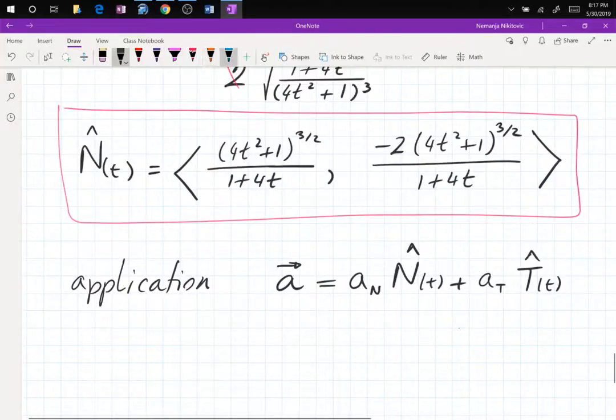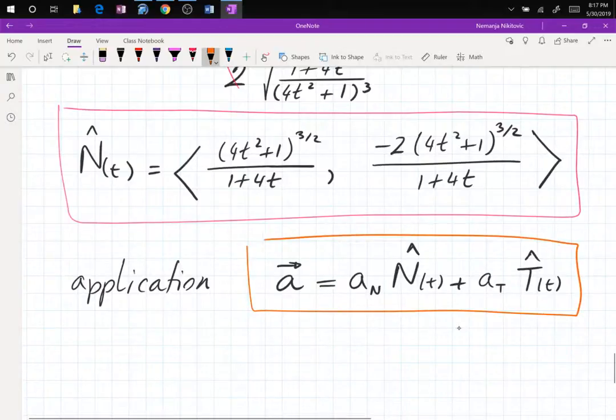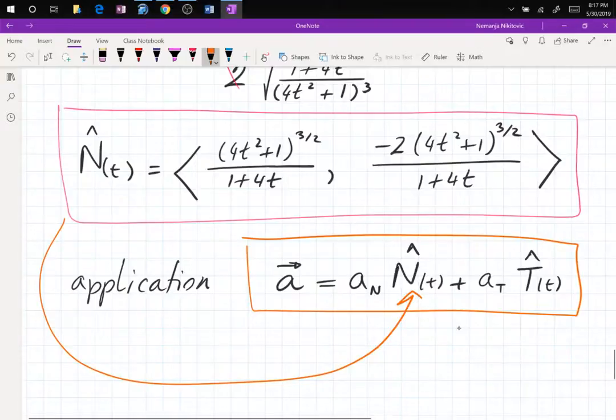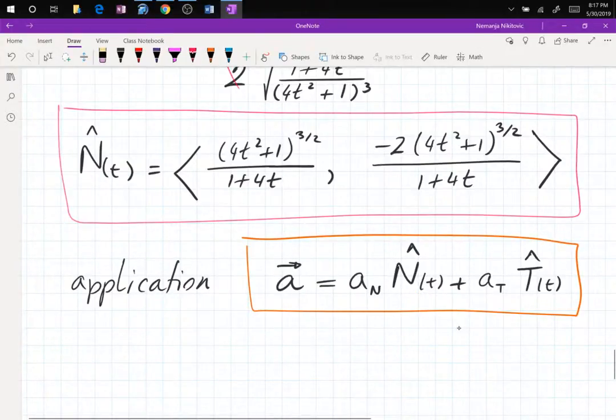So this is where we would use the entire calculation, and the answer would plug in here when you're doing your physics, and it would go from there.